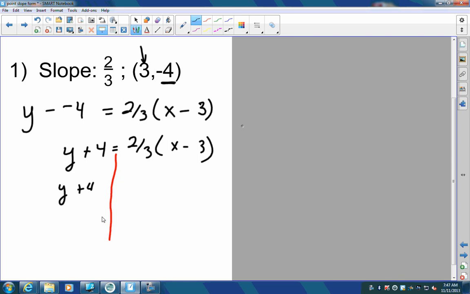Then I have 2/3 times x, 2/3 times 3. So it equals 2/3 x. Now, 2/3 times negative 3. If you just put it in your calculator, put the 2/3 in parentheses, then times negative 3 like that. It'll give you negative 2. So this becomes minus 2.